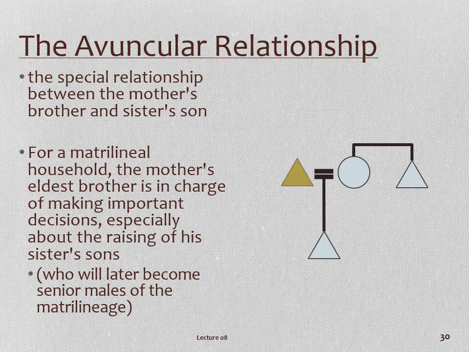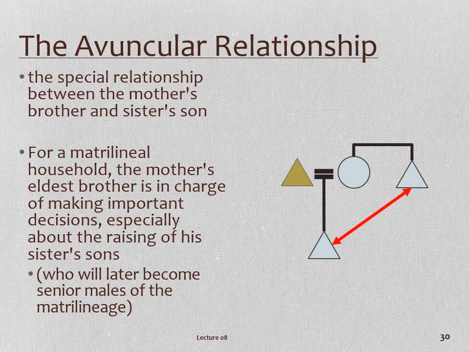In the next generation, the man's sister's son will become one of the senior males of the lineage and must be trained in the skills necessary to lead the group. So the mother's brother's sister-son relationship is particularly close in a matrilineal society. This is called the avuncular relationship.